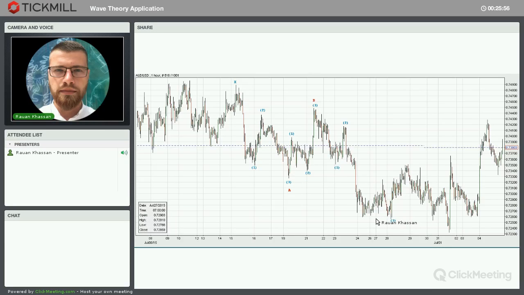In case you are unsure of the current pattern, let me just draw your attention to the fact that this third element has the form of an expanded wave. So it consists of three waves by itself as well. And the finish of this descending line is marked with C.